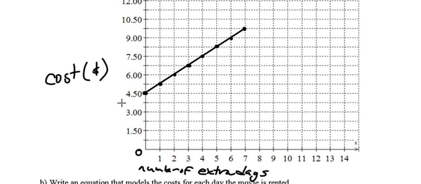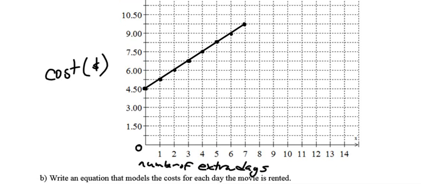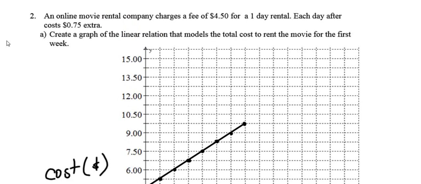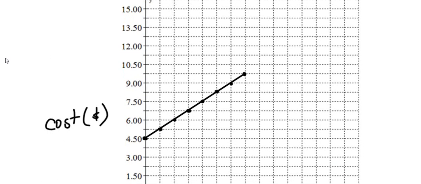We're not going to put an arrow on this end because we can't have negative extra days. And it only asked us to graph the linear relation for the first week, so we wouldn't put an arrow there because it just wanted us to limit it to the first week. That's my graph. I'm probably going to label 2 points. So let's label the first point, 0 and 450.